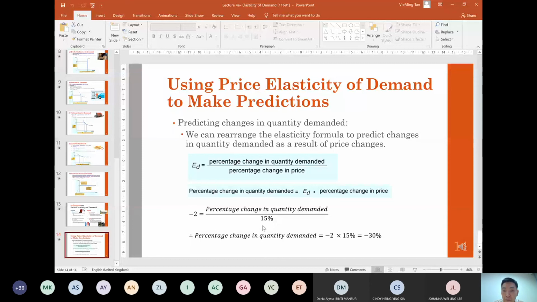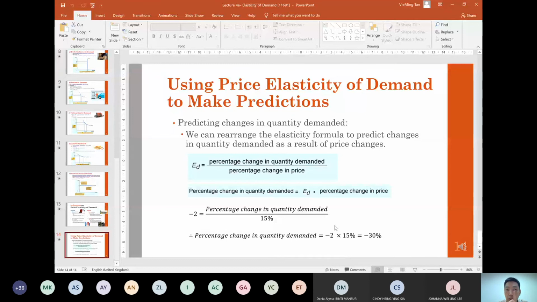So in order to get the percentage change in quantity demanded, you just need to transpose, which means you have to move the 50. So this is how you play around with the formula.